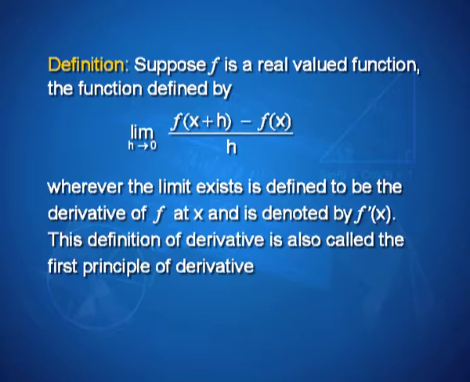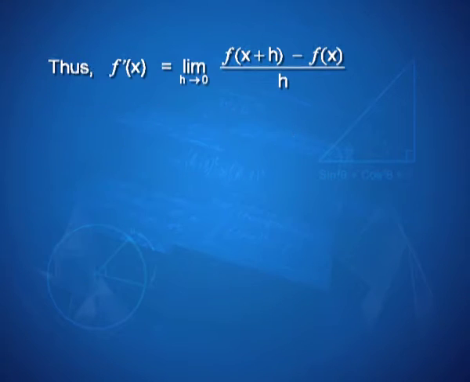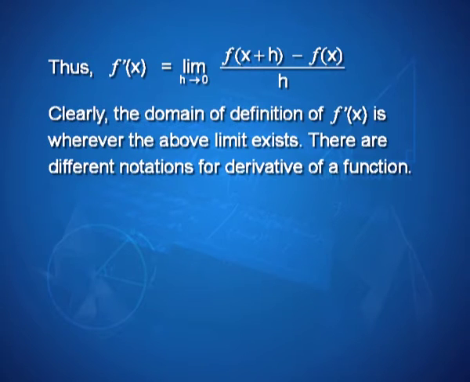This definition of derivative is also called the first principle of derivative. Thus, f'(x) = limit [f(x+h) - f(x)] upon h as h tends to 0. Clearly, the domain of definition of f'(x) is wherever the above limit exists.